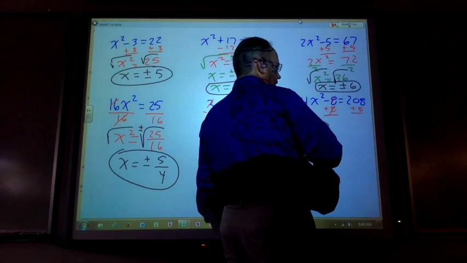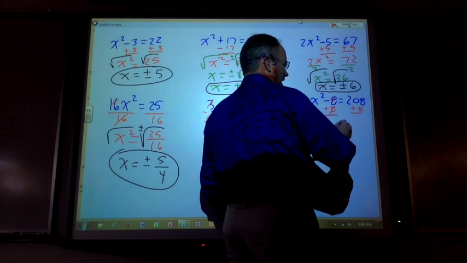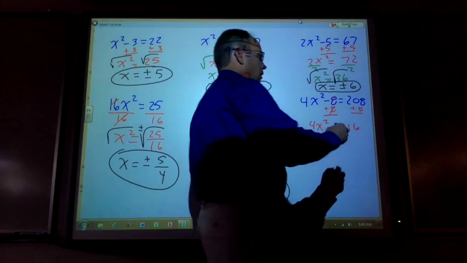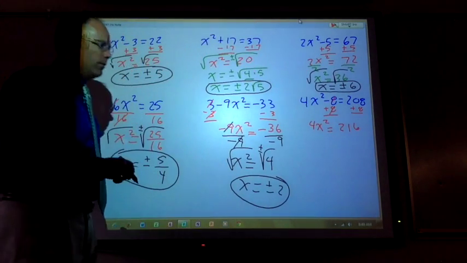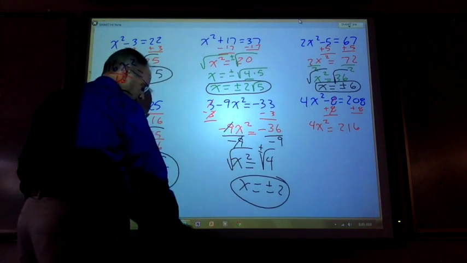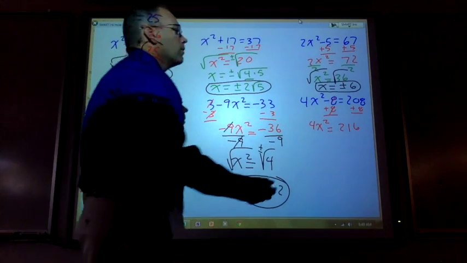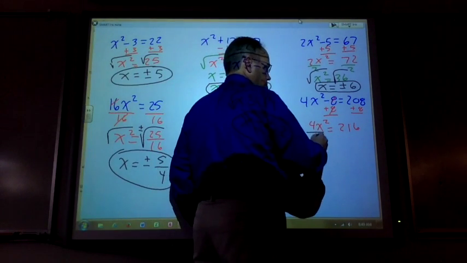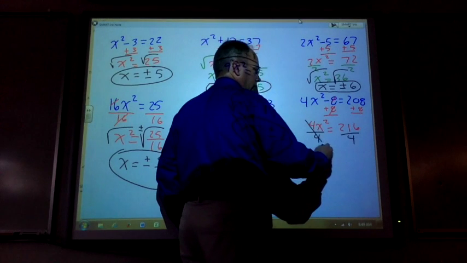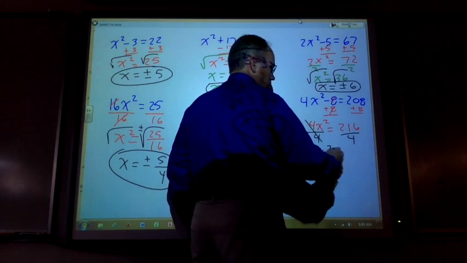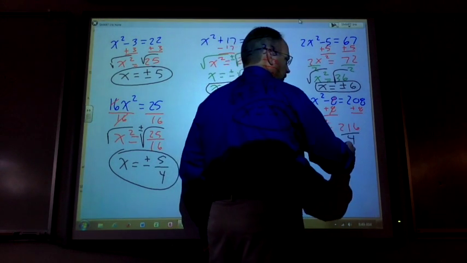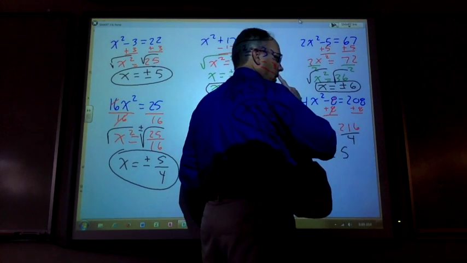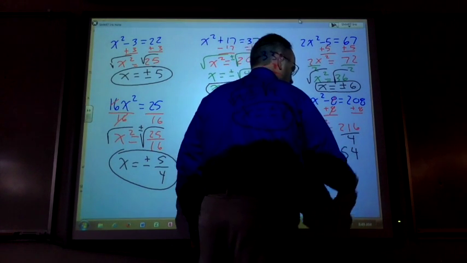That cancels that, so I get 4x squared equals, I think that's 216. Now what, Mr. Kruger? Divide both sides by 4, so that cancels. 4 goes into 25 times. 4 goes into 16, 54. Last step.